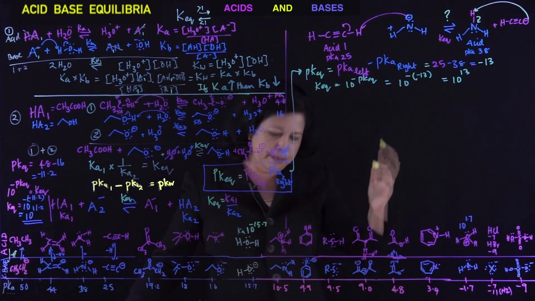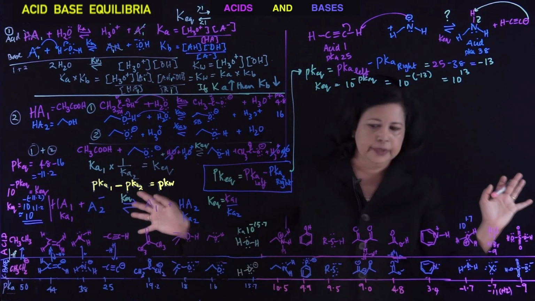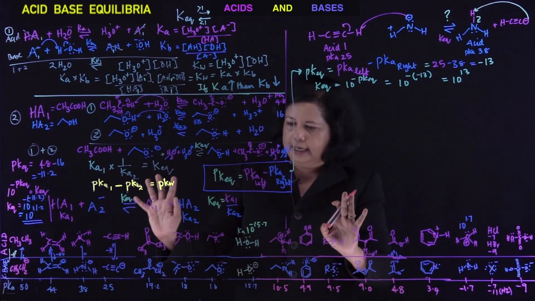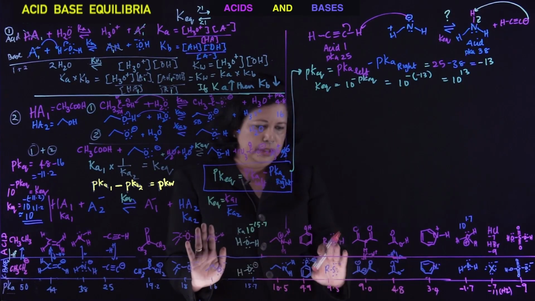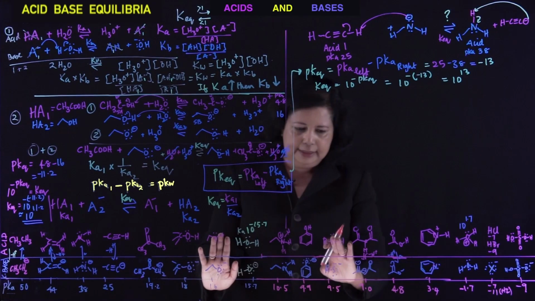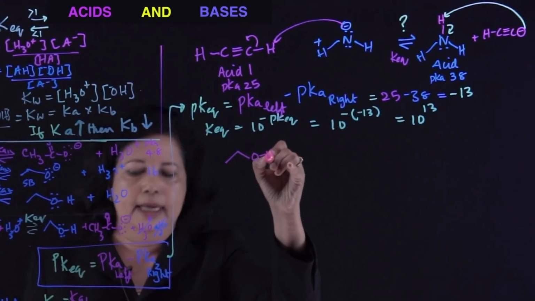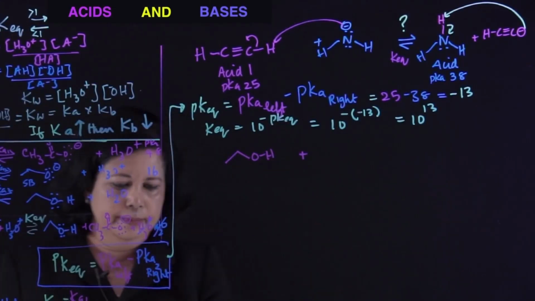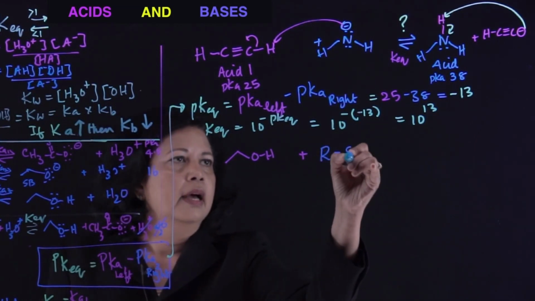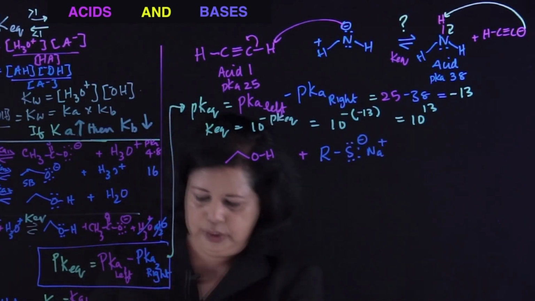Let's do another example just to drive this home. Let's say I take some acid here and some base here, and then put it all together. Let's say here's sulfur and an oxygen. So let's say I take the alcohol here and add to it, let's go with this, RS minus. If there is a minus, obviously there's got to be a plus, right?